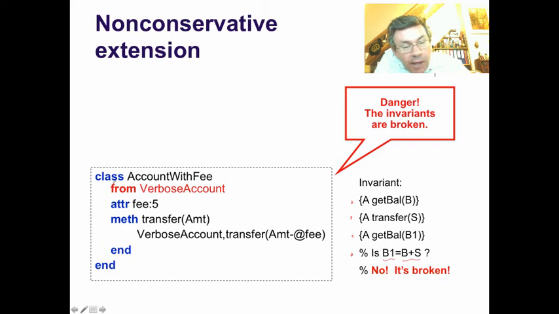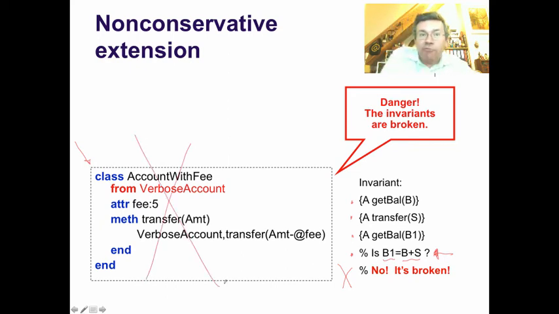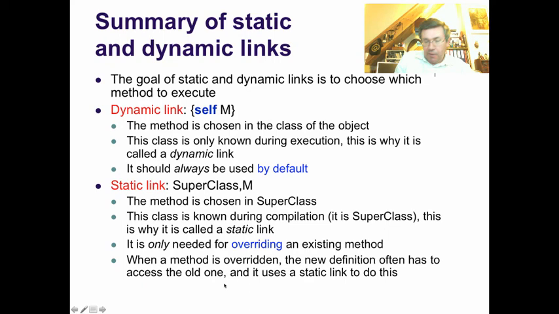But in account with fee, that is no longer true because of the fee. So I have broken the invariant. Procedures that worked with the old account, which relied on money not disappearing, will no longer work with account with fee. I have broken my program. This is in fact a very bad definition, and you should not write programs like this.